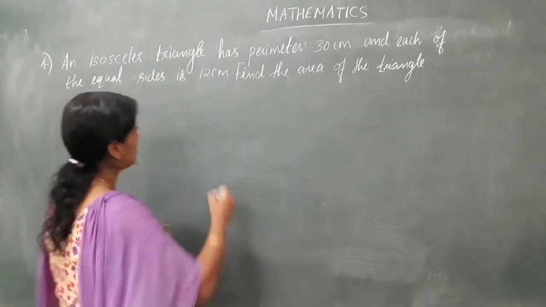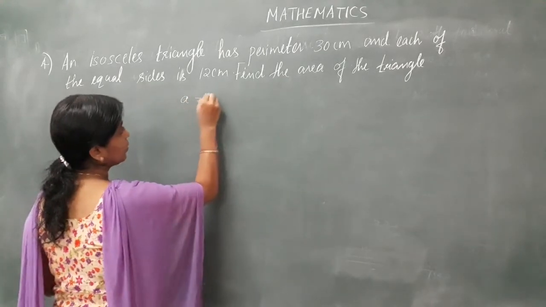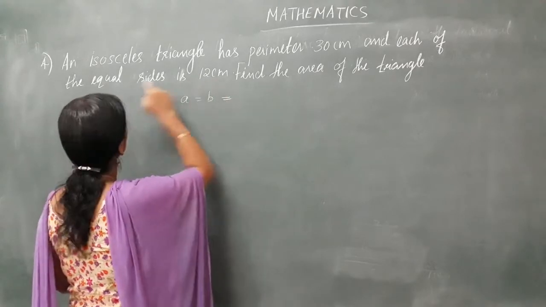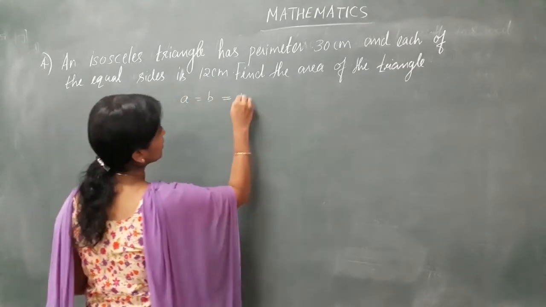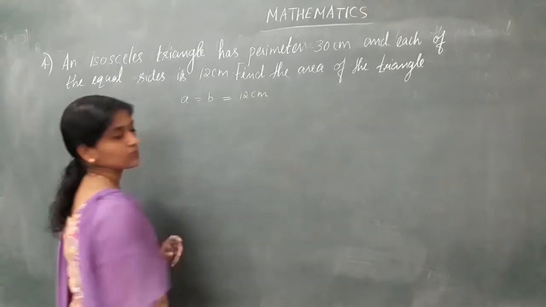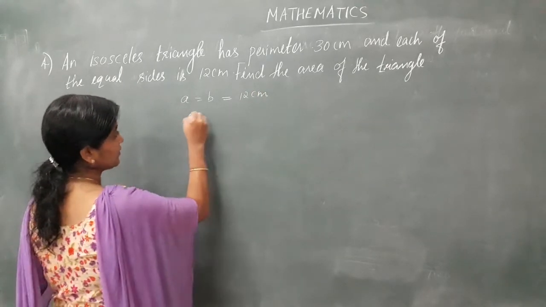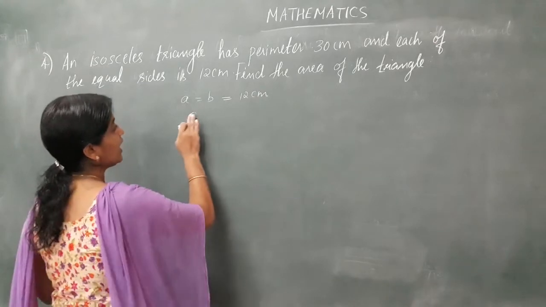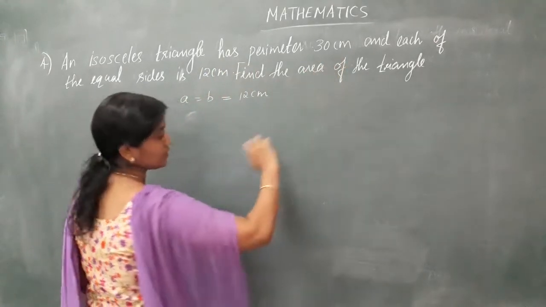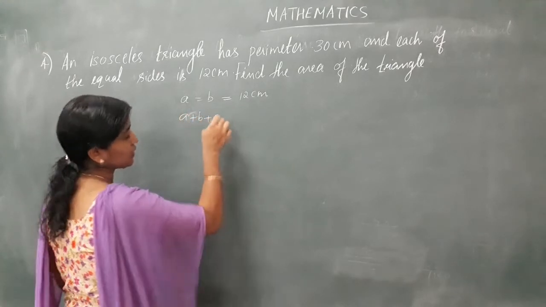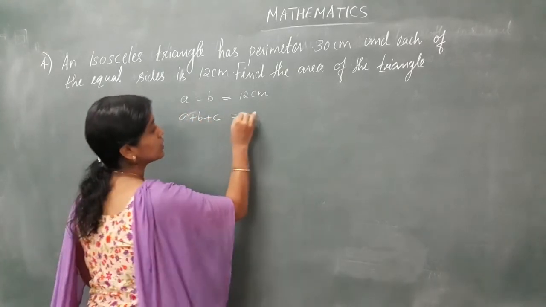Okay. So I will take the equal sides as A equal to B. Already given, each equal side length is 12 centimeter. Clear? Now I will take the third side as C. To get that, I am going to use this perimeter. What does perimeter mean? It is A plus B plus C, that's equal to 30.